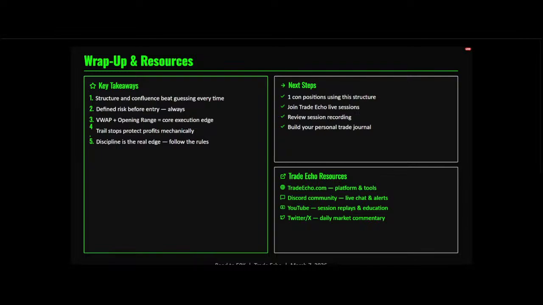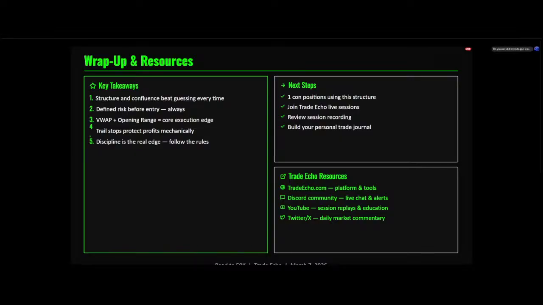So the next steps, if you're completely new and you don't know really how to trade this method or this strategy, I will say, because we're professionals here, you have to treat it like a professional job. You have to treat it like, hey, this is something that could literally make me six figures a month, a year, whatever your goals are.